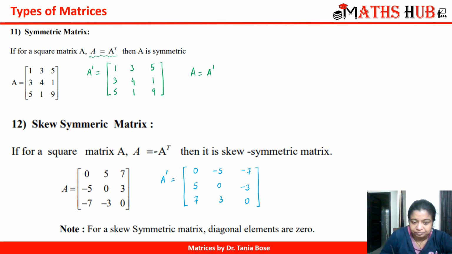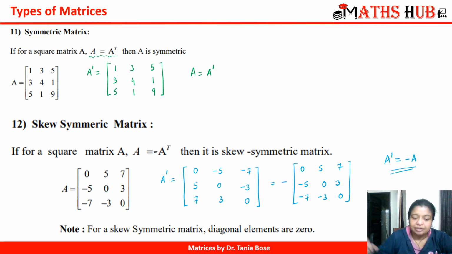So now if I take out the negative sign common from here, what do I get as the elements? 0, 5, 7, minus 5, 0, 3, minus 7, minus 3 and 0. So is this matrix same as matrix A? So I'm getting that A transpose is equal to minus A, right?